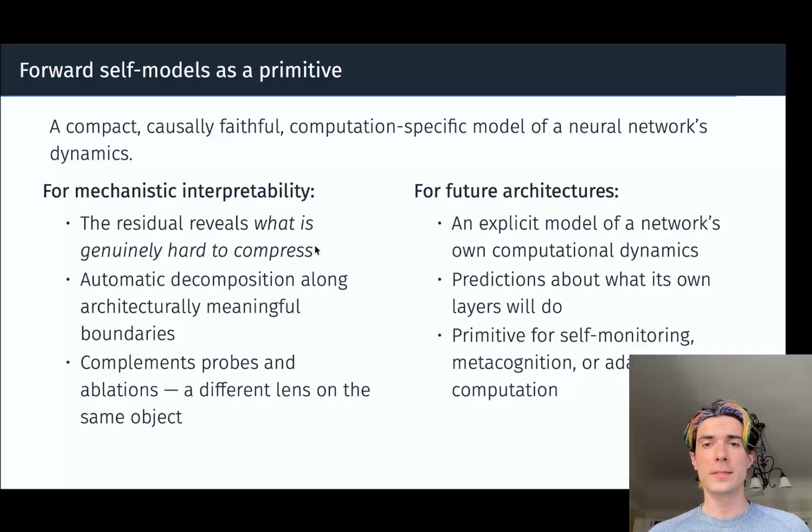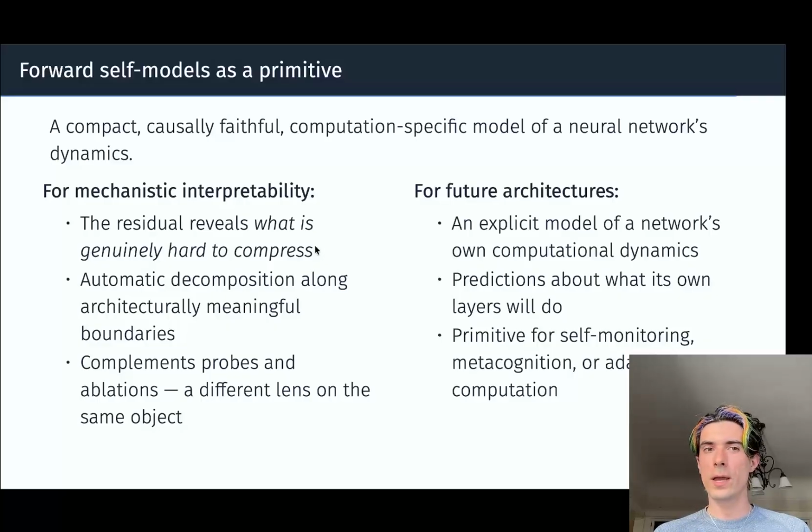And ultimately, I don't think this is a replacement for anything in the mechanistic interpretability suite that we already have. This is just a new way of compressing computation that I think probably could work well with existing mechanistic interpretability techniques.